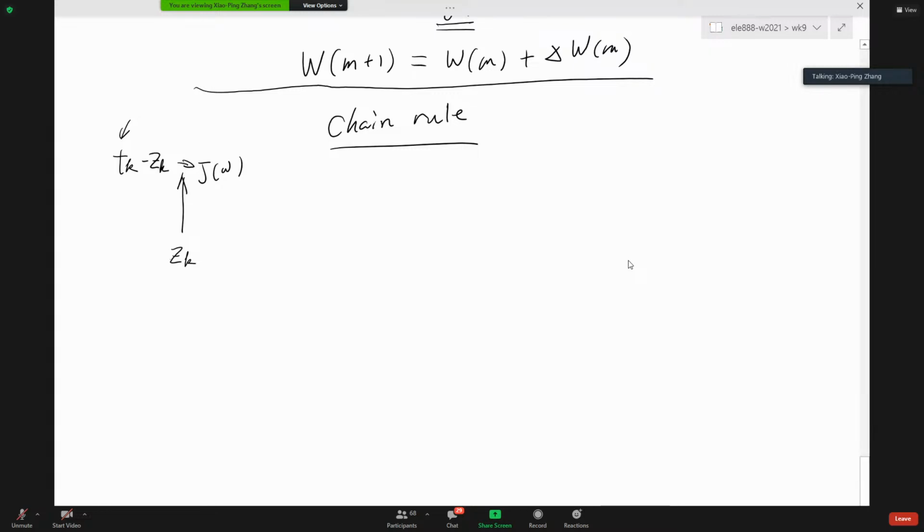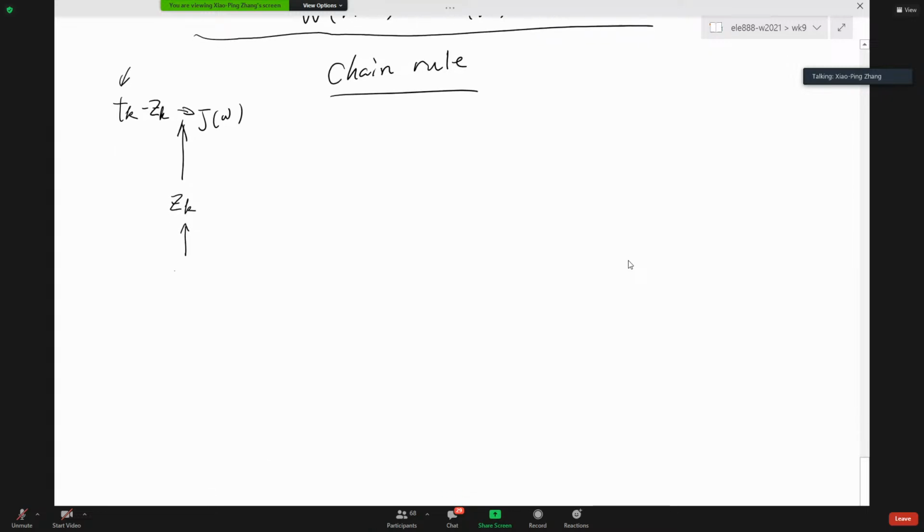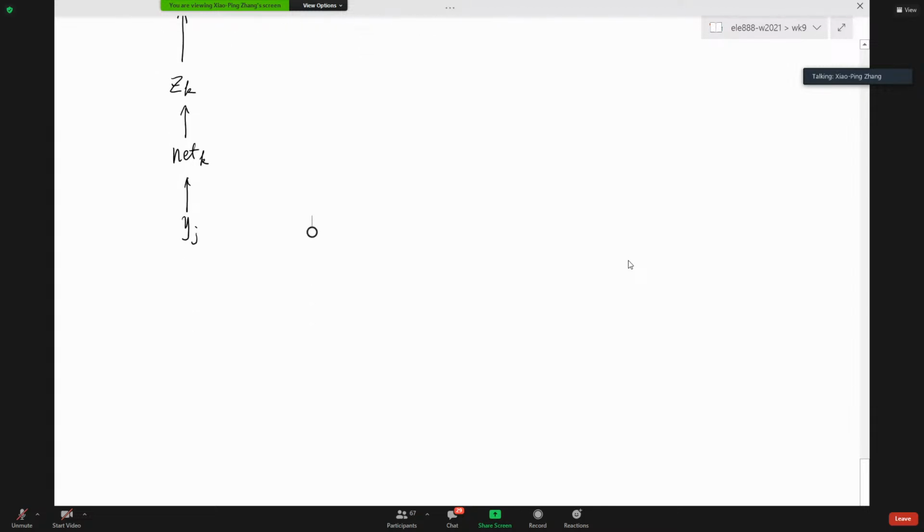How do you get z of k? z of k comes from net k. How do we get net k? Net k comes from y of j. Where did you get y of j? y of j comes from net j. Where did you get net j?